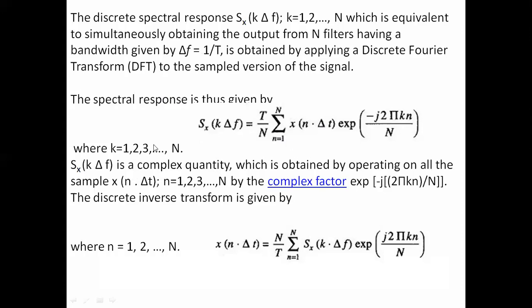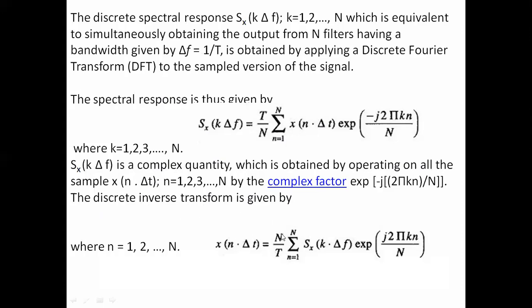Here S of k delta f is a complex quantity obtained by operating on all these samples with the complex factor, and this is the discrete inverse transform.